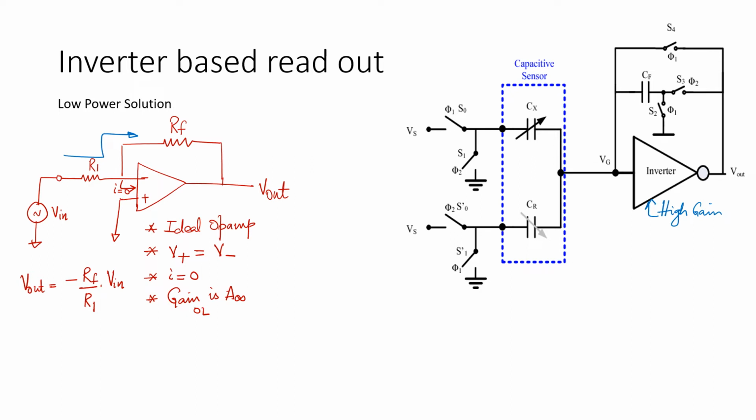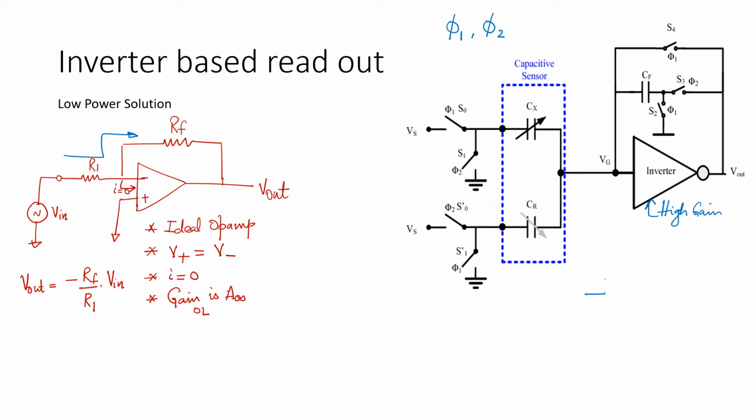current to flow. Now let us look at the various switches and the various phases at which these switches are getting turned on or turned off. How many phases do we have? We have phi 1 and we have phi 2. So typical expectation is when phi 1 is on, phi 2 is off.